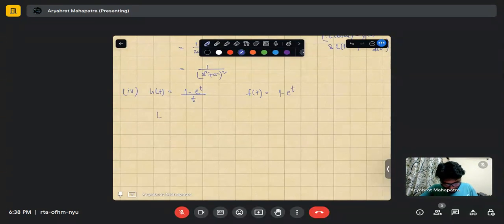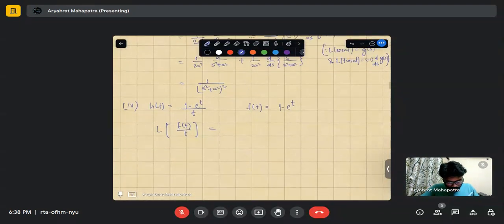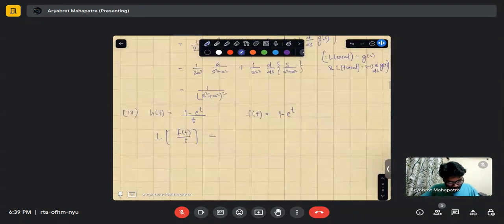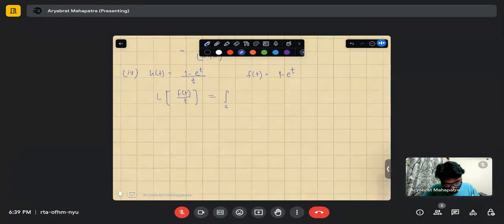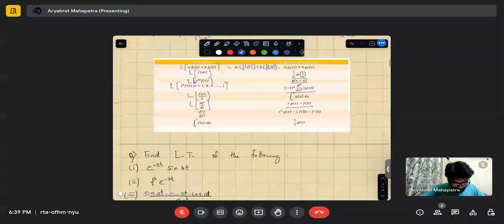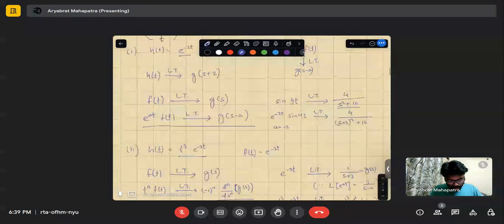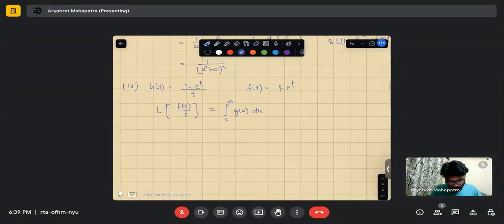So the Laplace transform of f of t over t gives you the integral from s to infinity of g of u du. Yeah, this is this one right here. So using the property, we can get it.